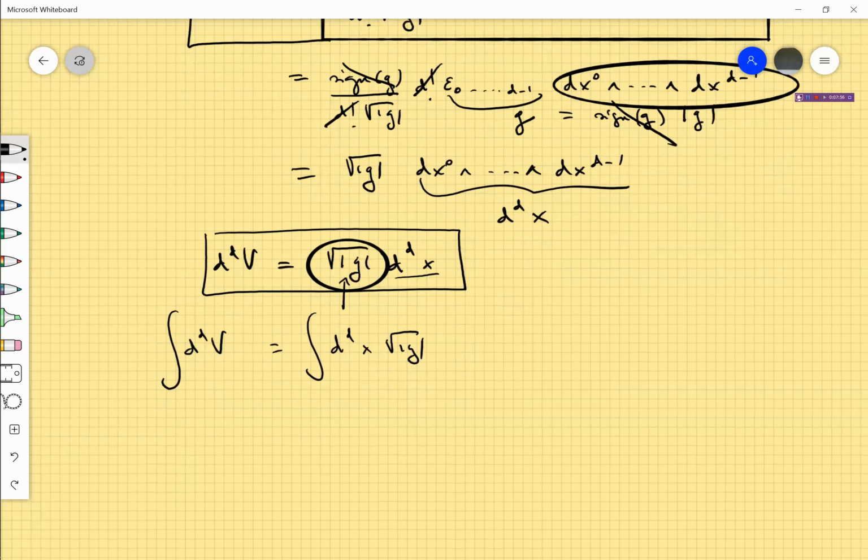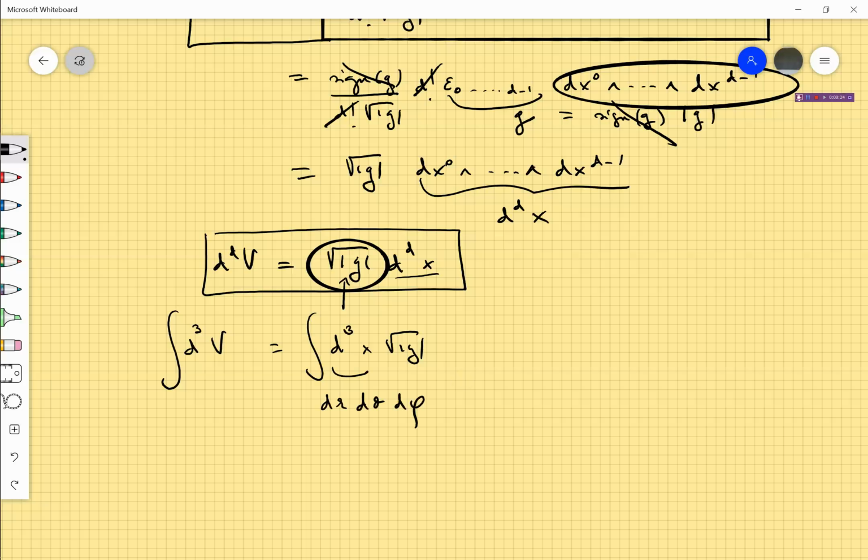Suppose that I am integrating over a three-dimensional space with just the Euclidean metric, but in spherical coordinates. So this would be a three-dimensional integral. The coordinates are the r, the theta, the phi.